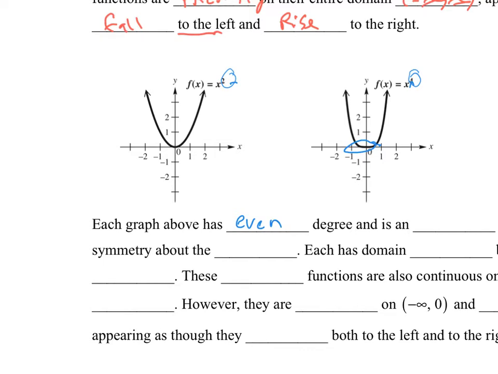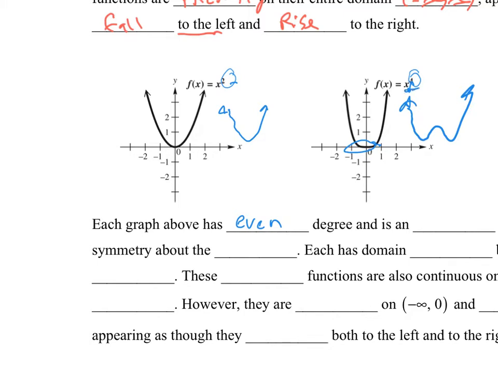So obviously a second degree, as it comes down, it can only turn once. But a fourth degree could turn, you always go 1 degree less than that, could turn 1, 2, and then 3.